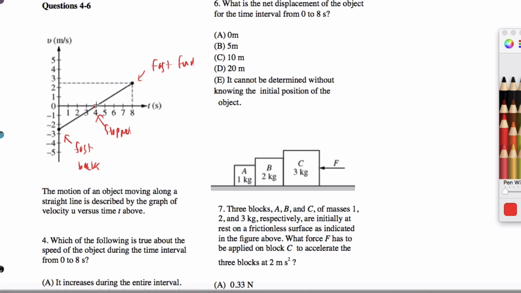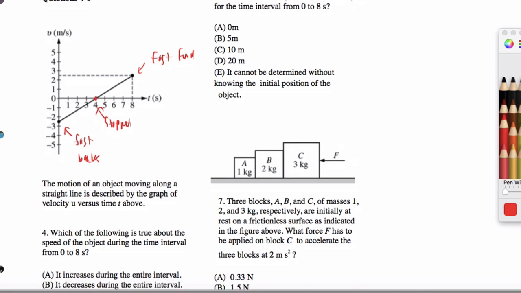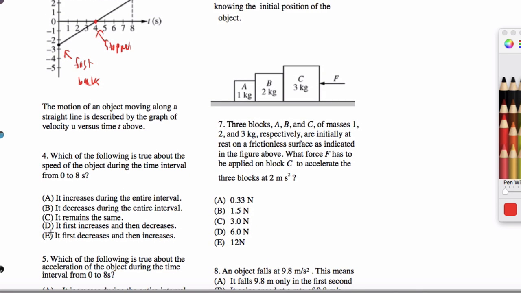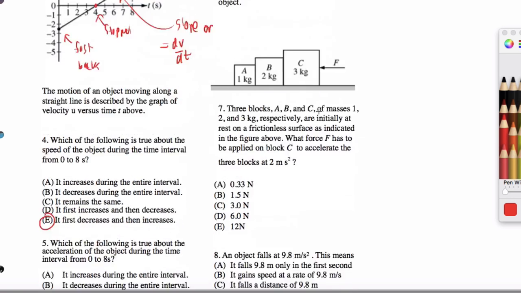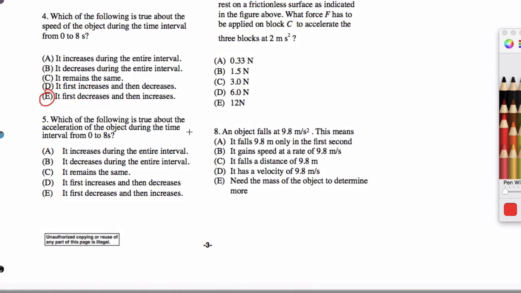So I'm slowing down and then I'm speeding up, which is how we get E. Now, if you remember, the acceleration is the derivative or the slope. And that's a steady slope. So what we're actually finding for number 5 is it remains the same.